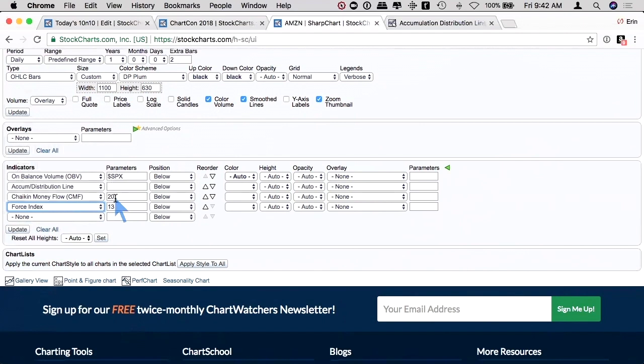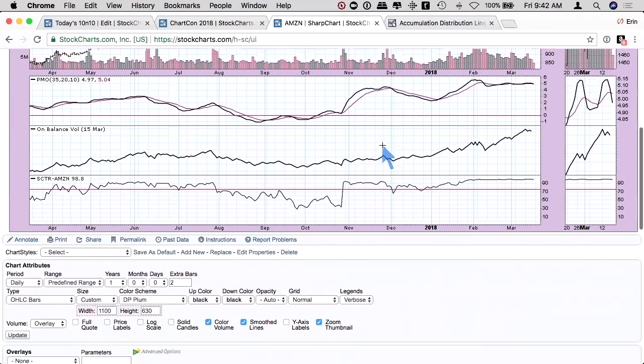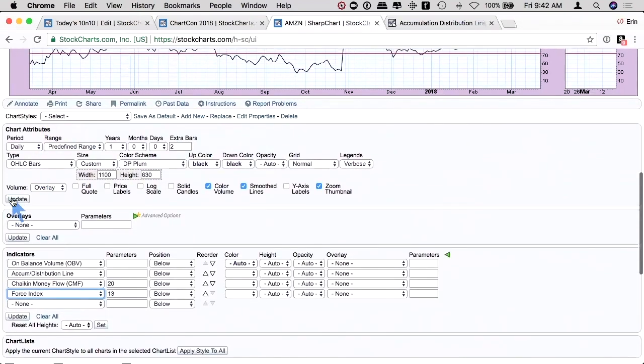So remember, I talked about that for Chaikin money flow, and that's the default. And then the force index, remember he recommends that 13 period EMA. And I did promise you I will show you a chart with both of them if I have some time, the 1 period and the 13 period. So let's update this.